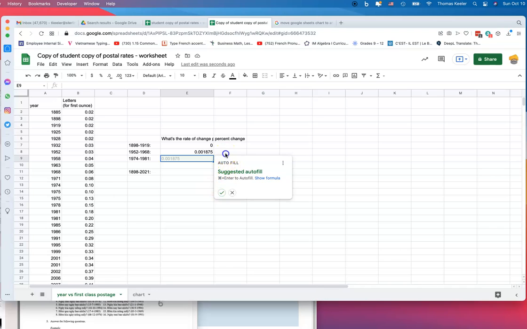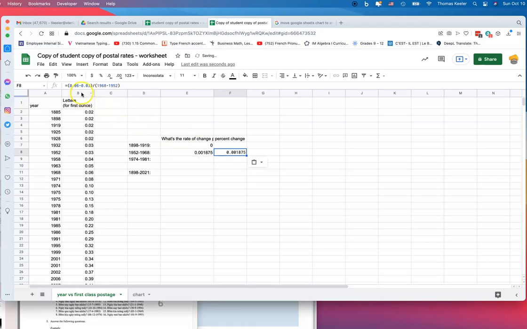Okay? So let's look at the percentage change, though. Okay, so how is the percentage change different? So what we do is we take this same amount here. Okay, so this is something that we should have learned last year, is that we say it changed 6 cents, and what was the base? So the base price was 0.03.